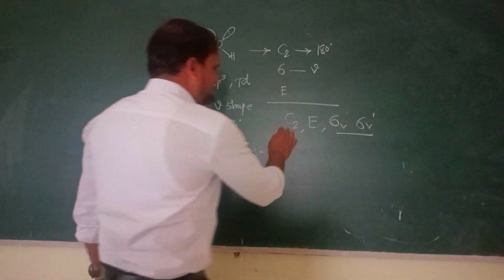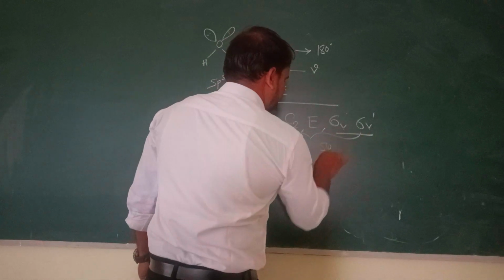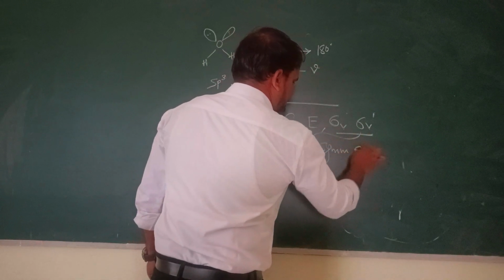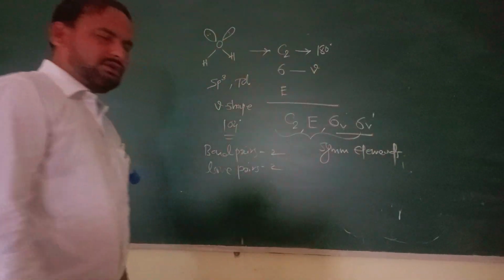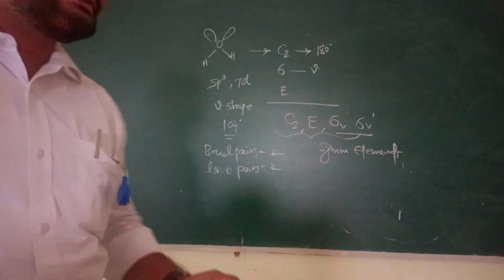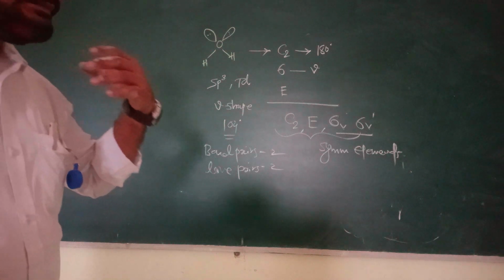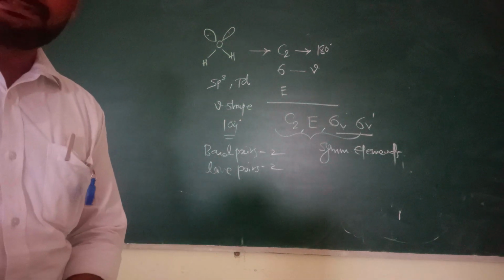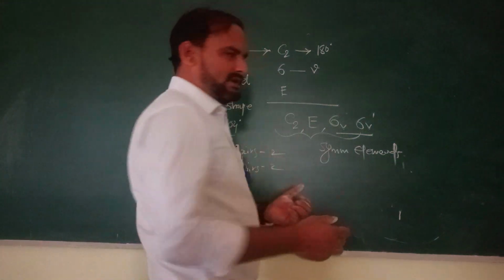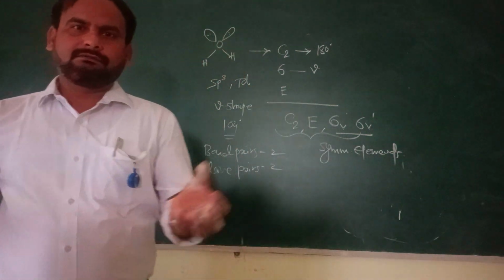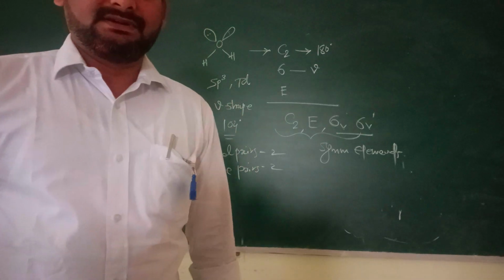Now if we collect these, this is called the symmetry elements. From these symmetry elements I am going to convert into the Schoenflies symbol, that is called the point group. What is the point group? The point group is basically the collection of all the symmetry elements.